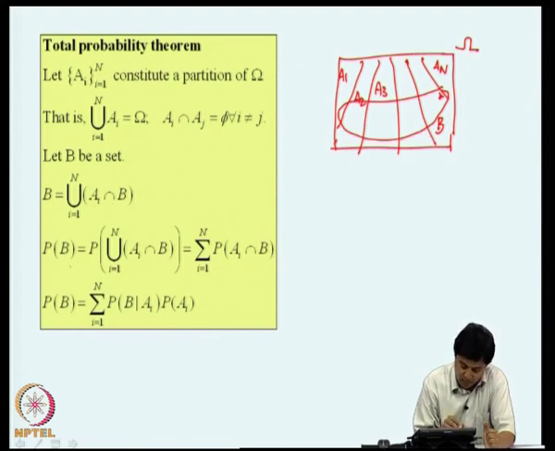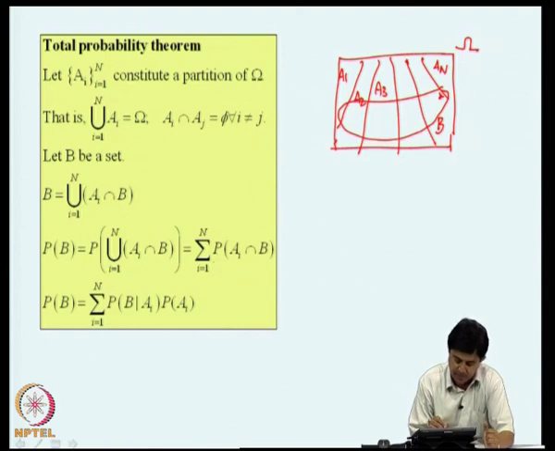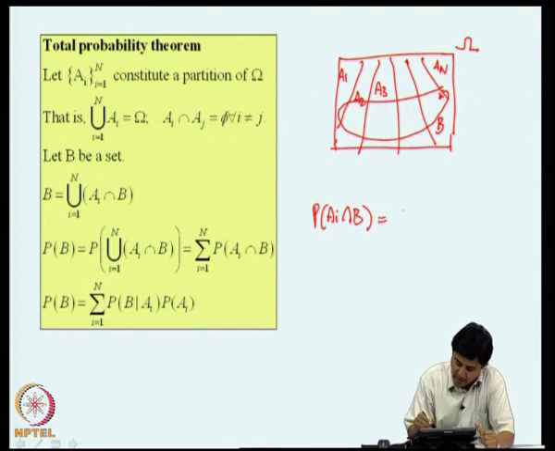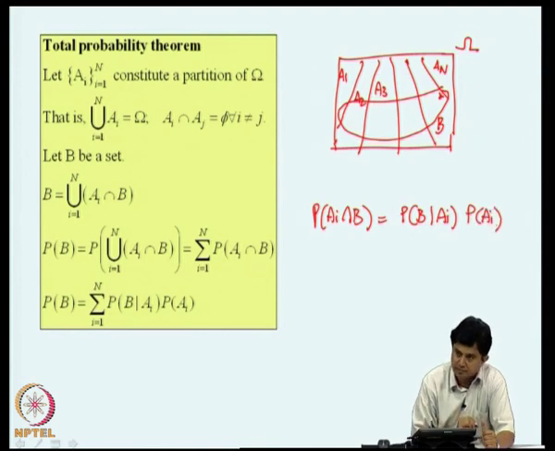So therefore the probability of B will be the probability of the union of Ai intersection B, by the third axiom of probability. This is the sum of the probabilities of these Ai intersection B's. Now for the probability of Ai intersection B, I write this as the probability of B conditioned on Ai times the probability of Ai. So if you substitute here, this statement is known as the total probability theorem.